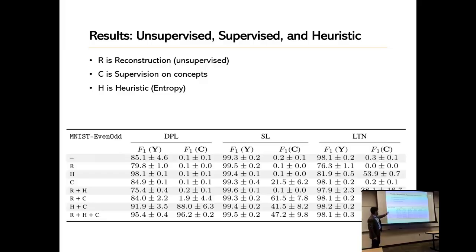So here we have H is entropy, C is supervision on concept, and R is reconstruction, which is unsupervised. Again, here we're seeing a generally steady increase the more you pile on together, and more stable on the concept. So that's also kind of the neat thing about it. These things are all reducing the reasoning shortcuts in different ways.